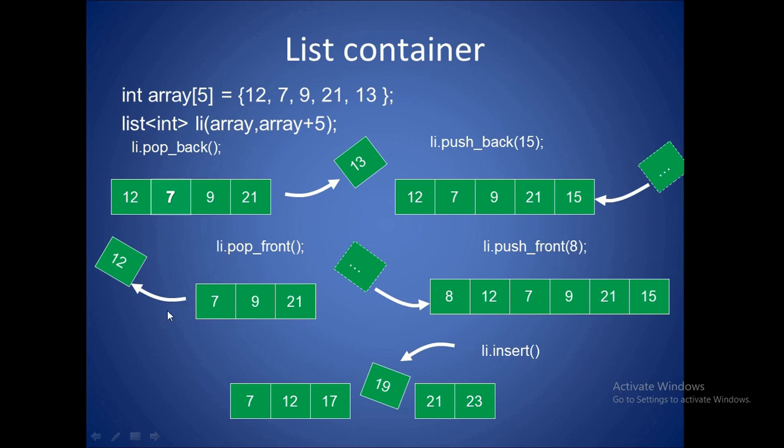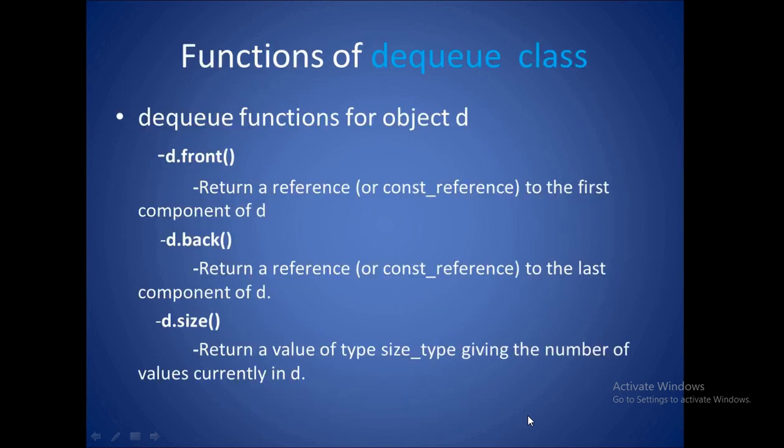Like that, li dot pop front deletes the front element, so 12 is deleted. li dot push front 8 pushes 8 to the front of that list. Then li dot insert, where an iterator value is provided, so 19 is inserted at that iterator's pointing position or index.